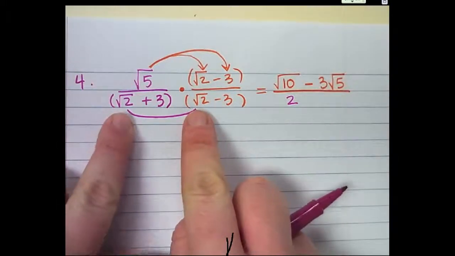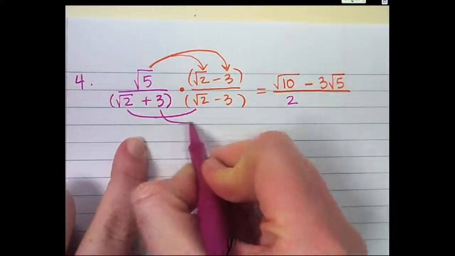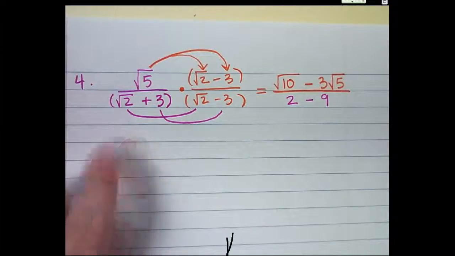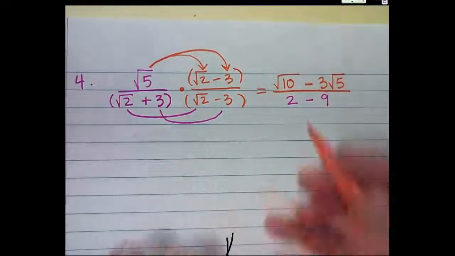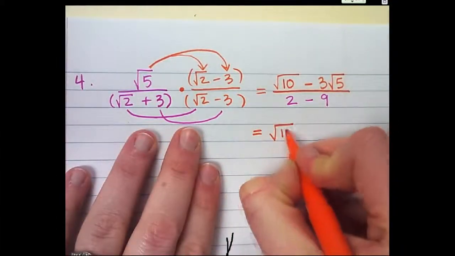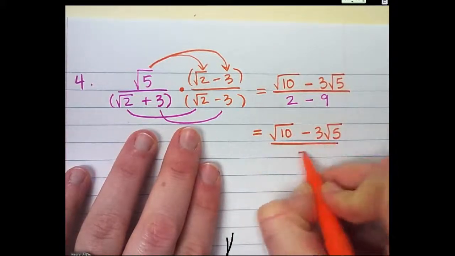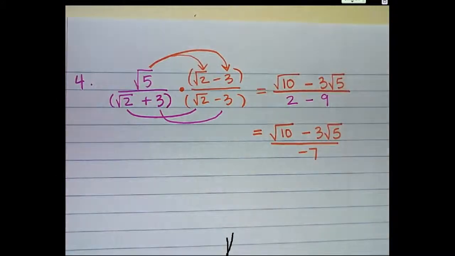Square root 2 times square root 2 is square root 4, which is 2. And then I multiply the second 2 together, minus 9, or negative 9. And then simplify. So square root 10 minus 3 square root 5 over negative 7. Can I simplify that at all? No, it's done.